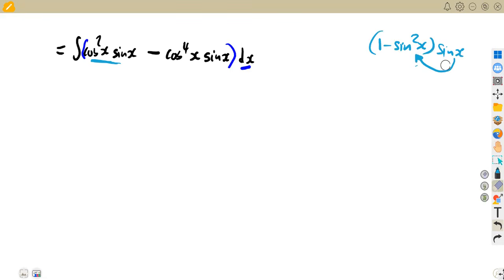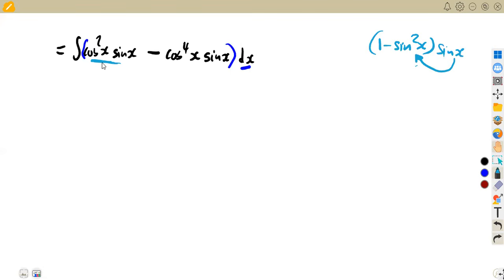So instead of that, we can choose to make this the subject. We can make u our substitution, so that whatever sine x is going to happen is going to affect cos. So it's a matter of choice there, to expand or not to expand. In this case, not to expand was the best way.